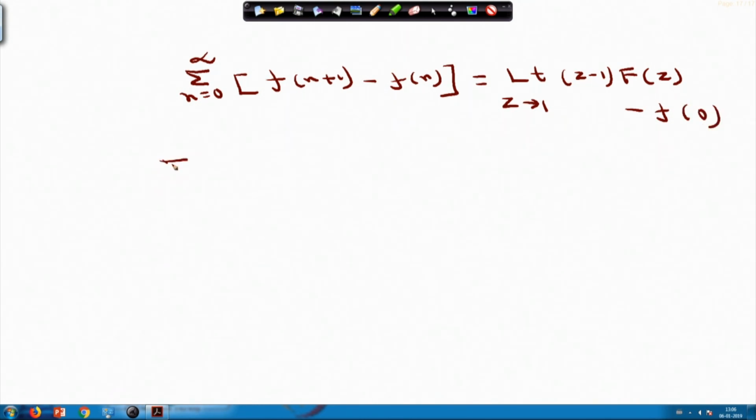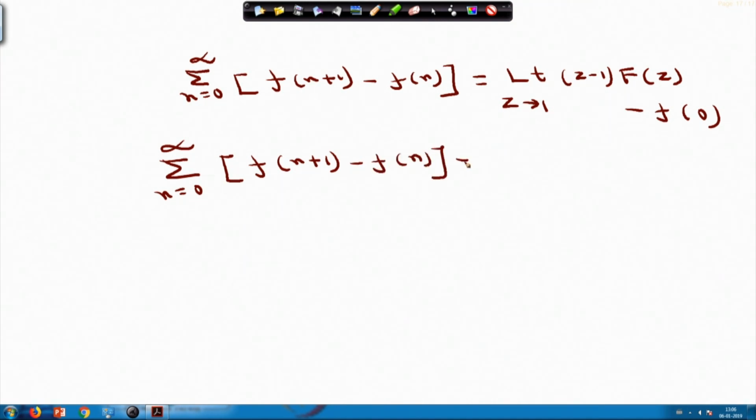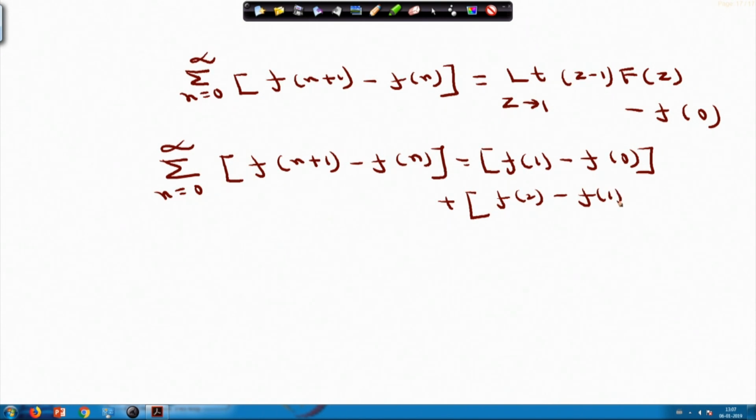Now, if you see what you are getting, the summation n equals 0 to infinity of f of n plus 1 minus f n is nothing but f 1 minus f 0 plus, if I expand this summation, f 2 minus f 1, then plus f 3 minus f 2, and it will continue like this.